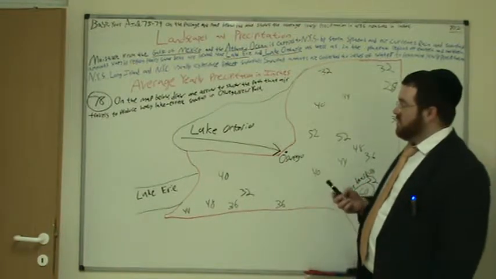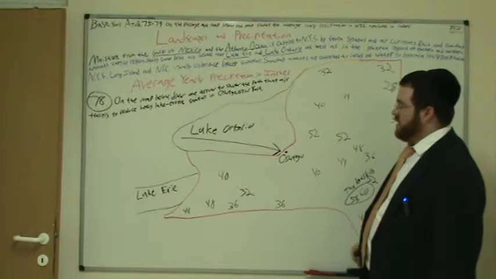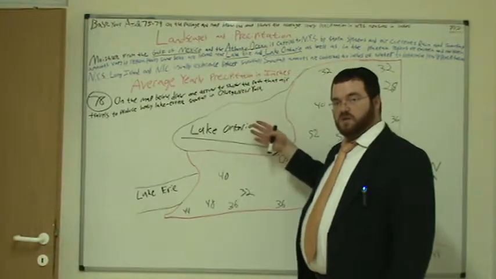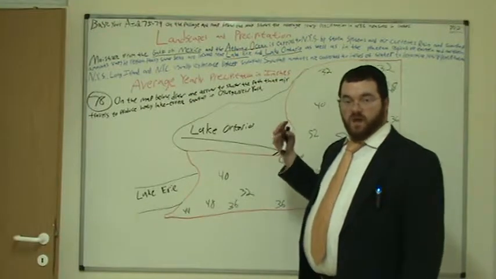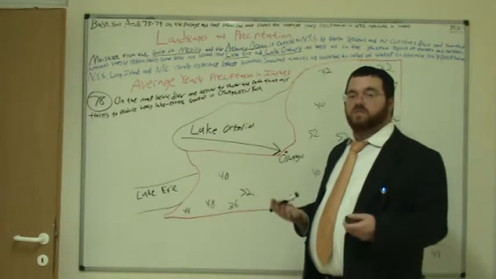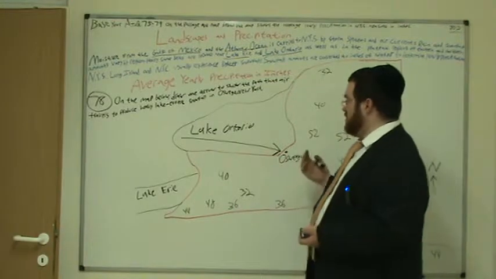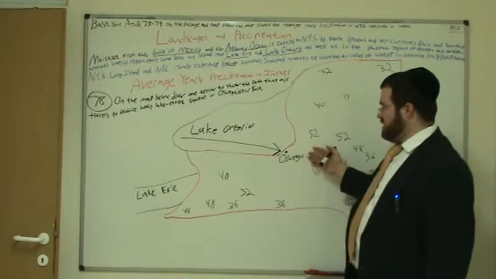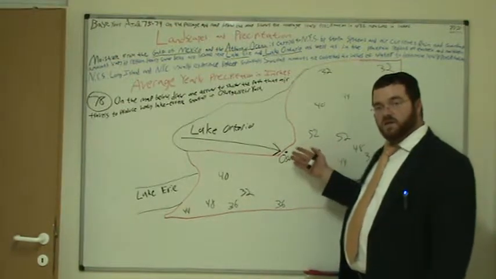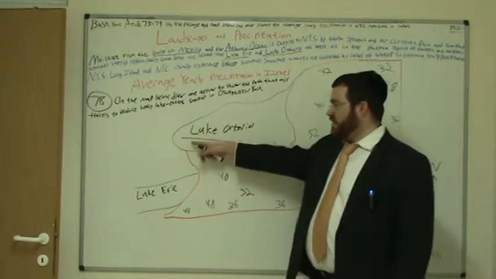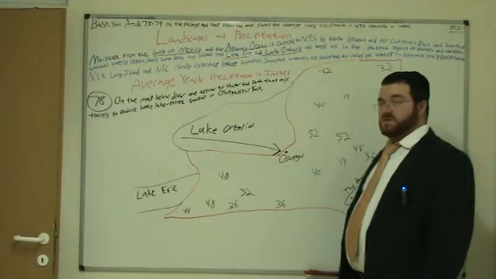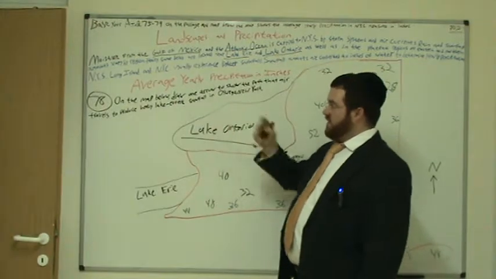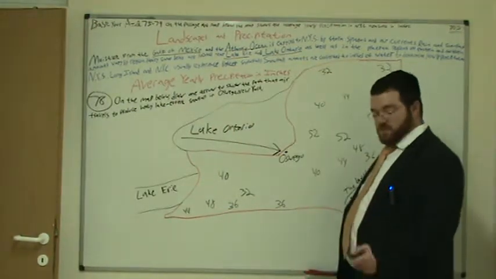And that will give you a heavy lake effect snowfall, because the air is rising over the lake and building up to make the snow, to make the precipitation. And when it hits land, what land is it going to hit? Well, if you have the arrow pointing toward Oswego, that means it's going to hit Oswego, and it's going to make a heavy lake effect snowfall in Oswego.